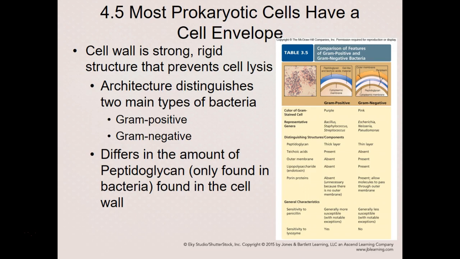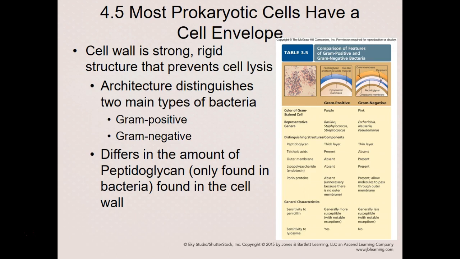You're going to learn how to do gram staining this week. And one of the things you'll notice is that gram-positive bacteria can take in more stain than gram-negative. The reason is because they have a differing amount of peptidoglycan.